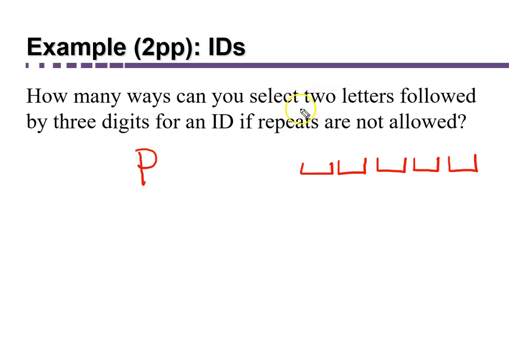So how many letters do we have in the alphabet? Well, there would be 26. And how many are we selecting? These 2. So that would be 2. And this would then be times how many symbols do we have for digits? This is another permutation. And there would be 10 of those. And how many are we selecting? 3.